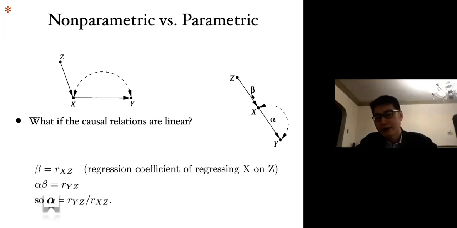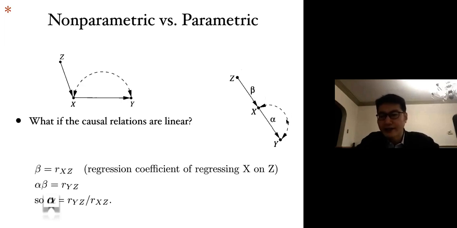Here you can see how we can solve the problem. First, you can do regression. First you regress x on z, then you can recover beta, the value of beta, and then you regress y on z. Then the linear regression coefficient would be alpha times beta, right?